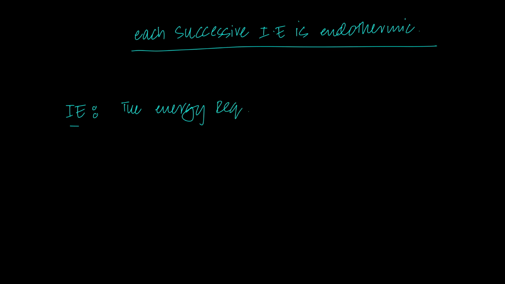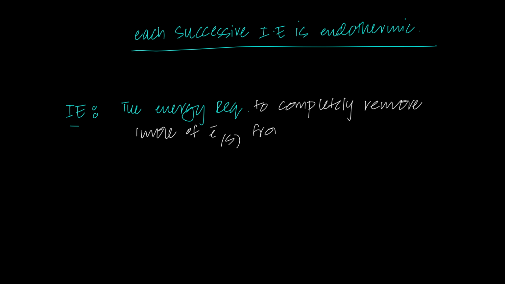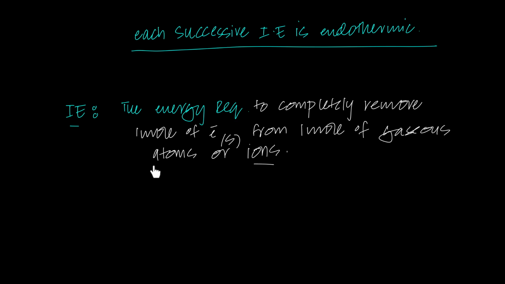In our time, we used to write the minimum energy, but now it's just the energy required to completely remove 1 mole of electrons from 1 mole of gaseous atoms or gaseous ions. So from gaseous atoms or gaseous ions.